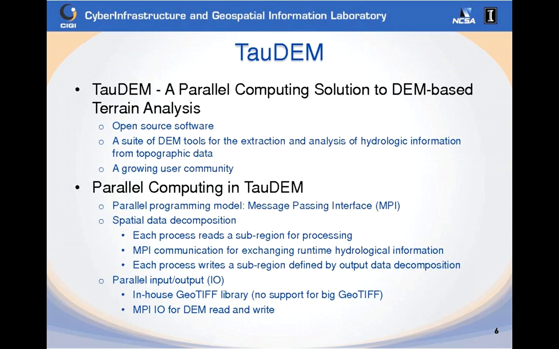Even for the current 10 meter resolution, we have 330 gigabytes of data. The DEM-based analysis is also a set of complex algorithms, and it takes a lot of computing power to handle each analysis.